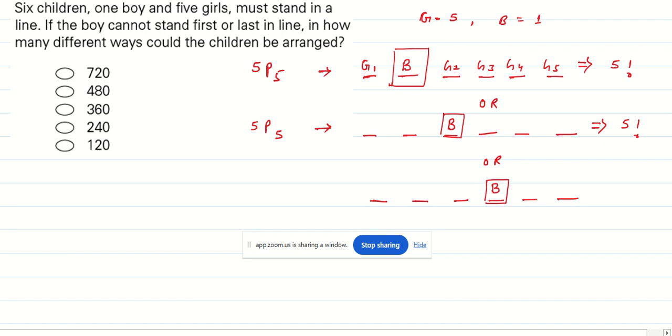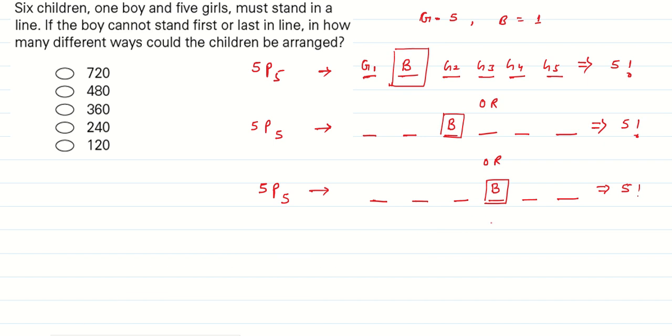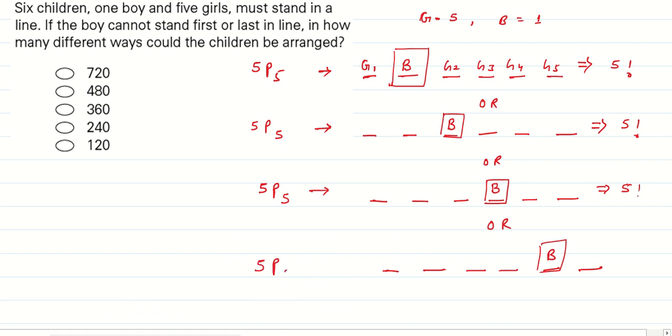Again the girls can sit in 5P5 ways, which means 5 factorial ways.